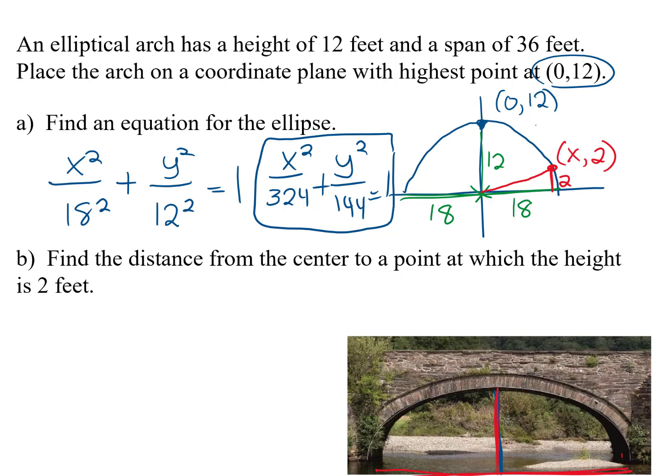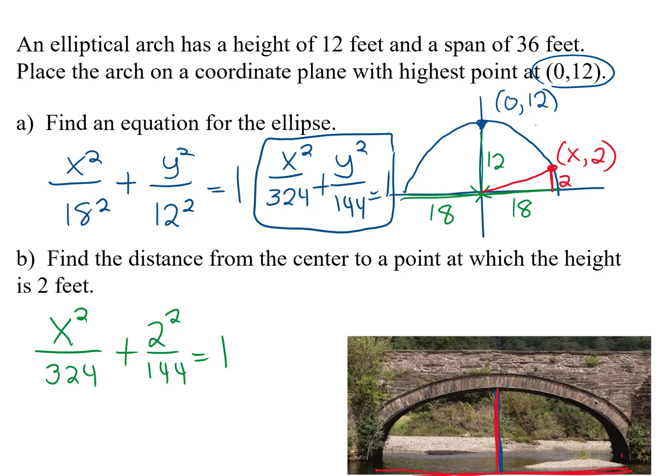Okay, so if this point (x, 2) is on the ellipse, it means that it would make a true statement when we plug that point into the equation for the ellipse. So I'm going to put x in for x, so not putting anything different there, and I have x squared over 324 plus, but I'm going to put 2 in for y, so 2 squared over 144 equals 1.